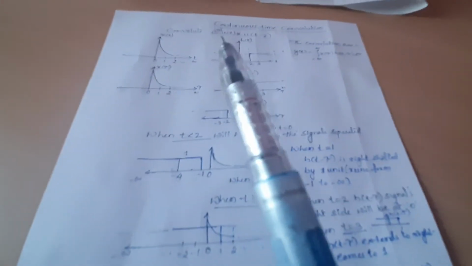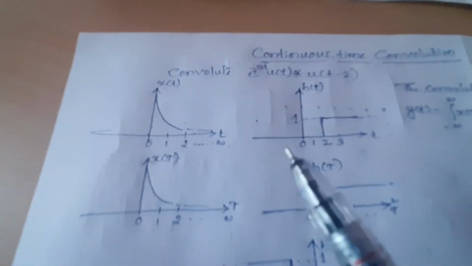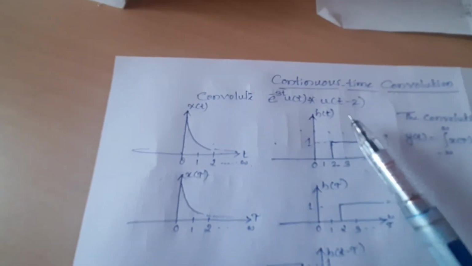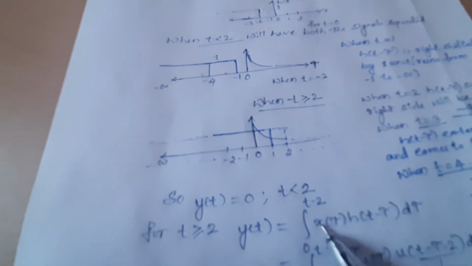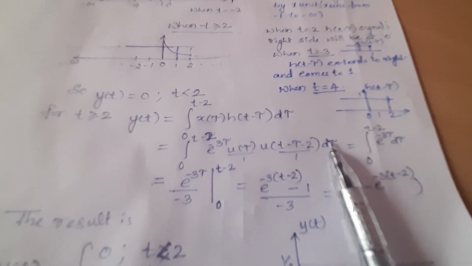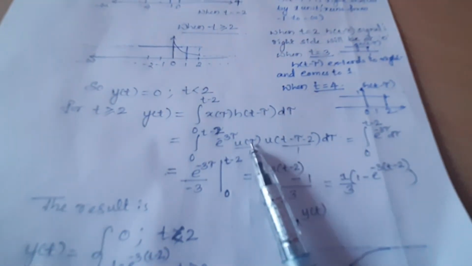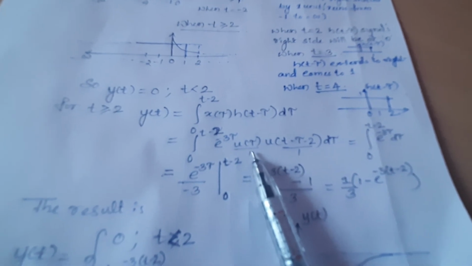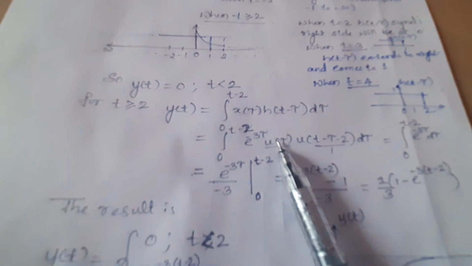When we substitute x of tau and h of t minus tau from the equations, that is e raised to minus 3t and u of t minus tau, we write the equation this way: e raised to minus 3 tau, u of tau, u of t minus tau minus 2 t tau. The values of the u terms are going to be 1, because this equation takes care of where they are 1 and where they are 0.